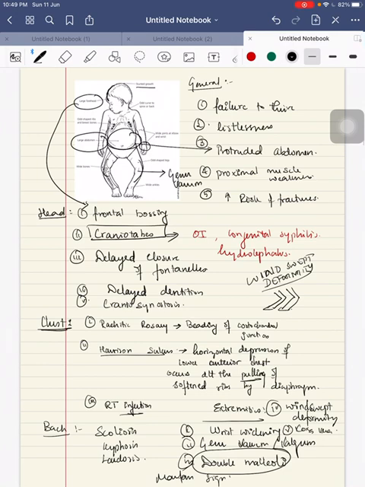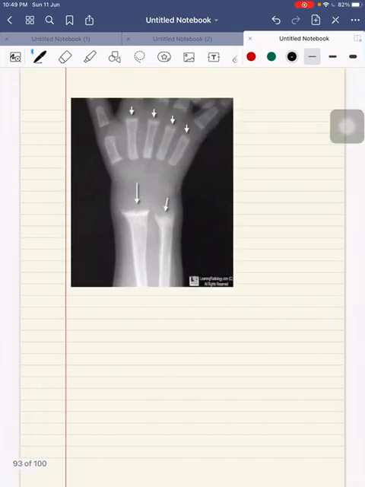Next we will see the X-ray findings of the child with rickets. One is widening of the epiphyseal plate.